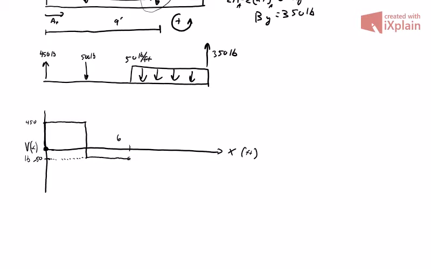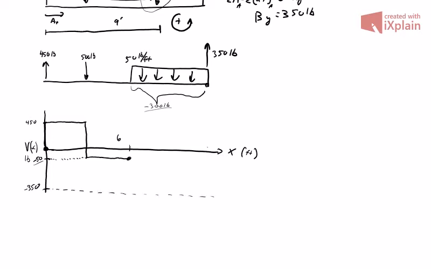We know we're starting at negative 50 pounds, and the distributed load in total is another negative 300 pounds. So when we get to the end of the distributed load, we'll have gone down by another 300 pounds, which means we'll end up at negative 350.